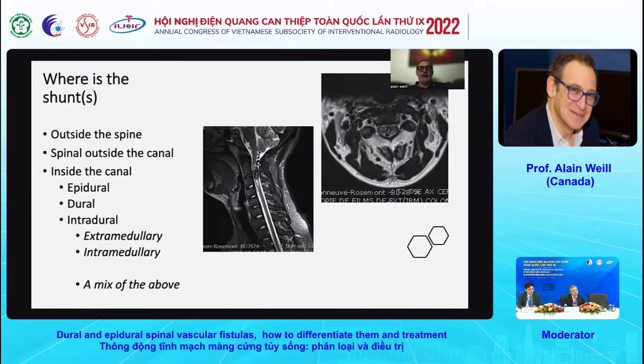And me personally, I have the tendency to distinguish between extramedullary and intramedullary. After that it could be even more complex and could have a mix of the above. Here are some slides where it's obviously a spinal AVM, but which is inside the cord, the spinal cord.